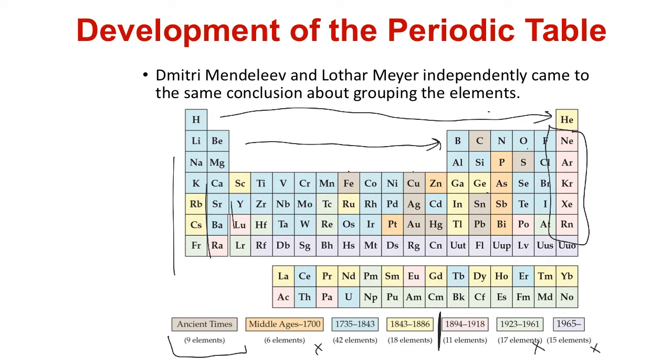Some elements are still being discovered today, primarily in the final row of the periodic table, because many of these elements, those beyond uranium in terms of atomic number, do not exist naturally. So a lot of these elements have to be synthesized by colliding subatomic particles together to create usually a short-lived nucleus as a result.